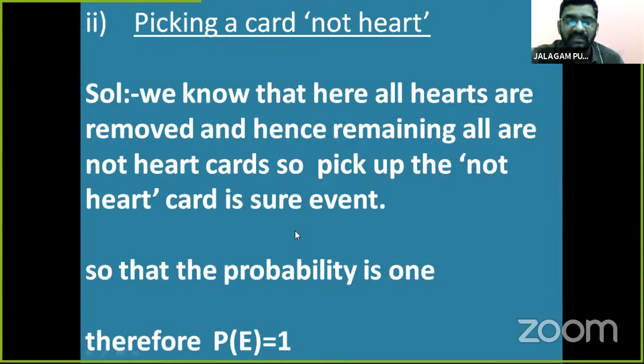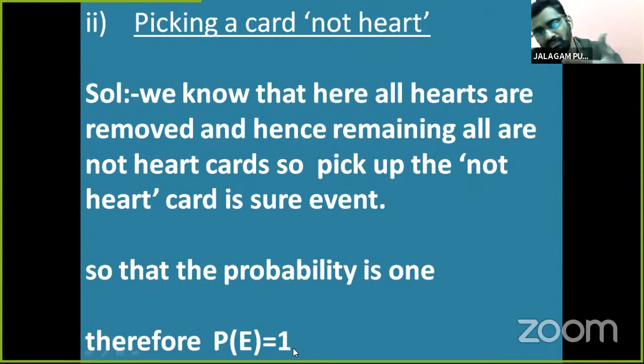1. Yes. The probability is the total number of favorable outcomes by the total number of possible outcomes. How many favorable outcomes? 39. Possible outcomes also 39. 39 by 39, which is 1.